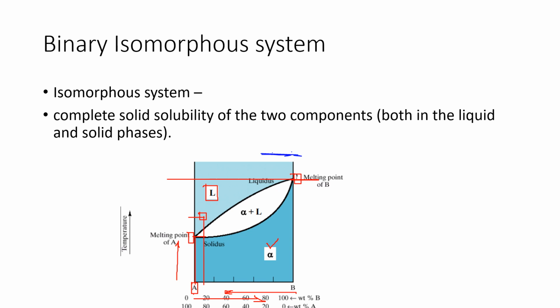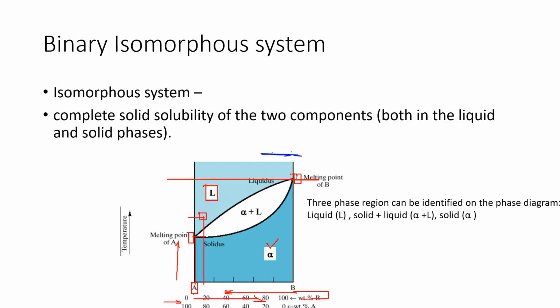So these compositions are discussed. At 0, the weight percentage composition of B is 100% at the right hand side, and it is gradually decreasing to 80, 60, 40, 20 to 0. And similarly for A, the composition by weight decreases gradually from 100 to 0, from the left hand side towards the right hand side.